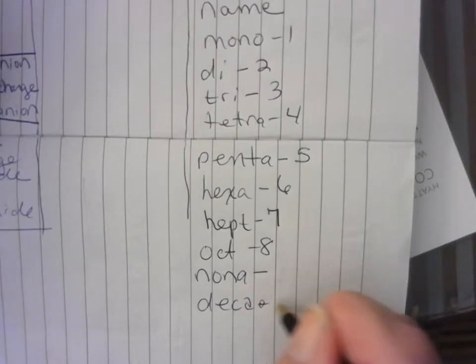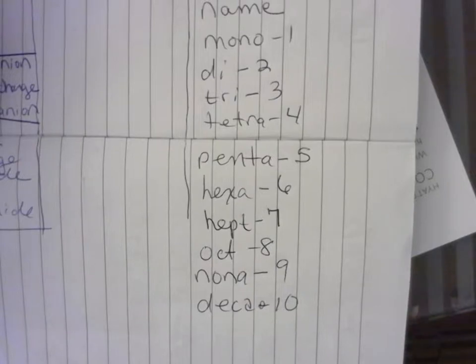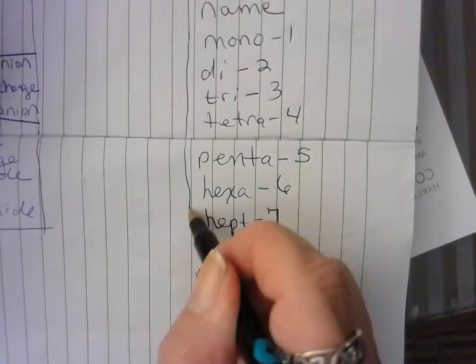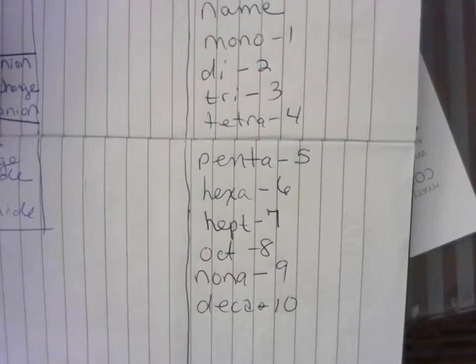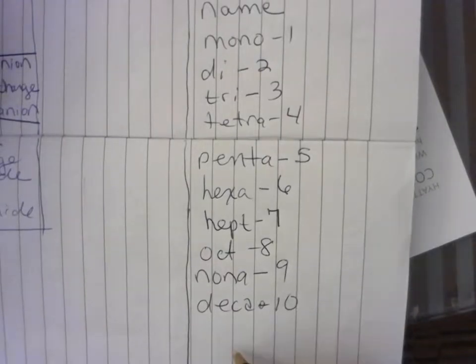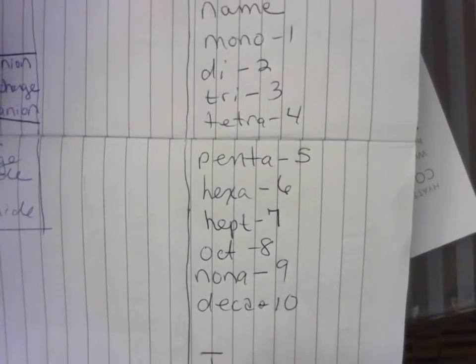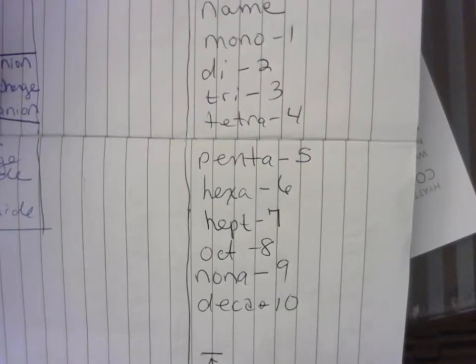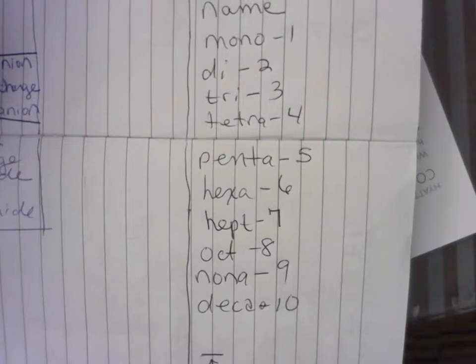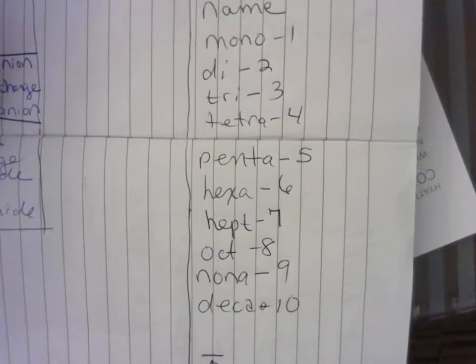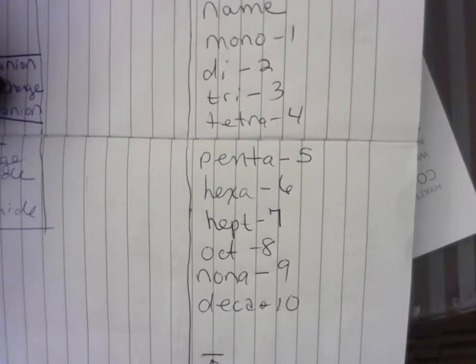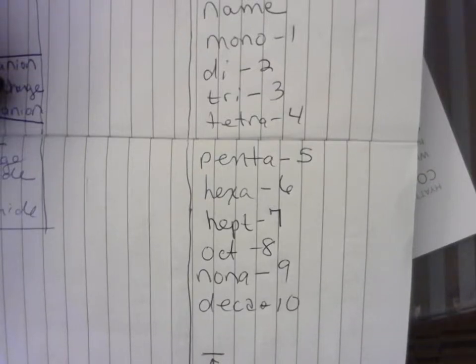Okay, so the way that we name traditional covalent names is we put a prefix, except for mono. Mono would not go in front, and I'll tell you what that means in a minute. This prefix tells you the number of atoms.